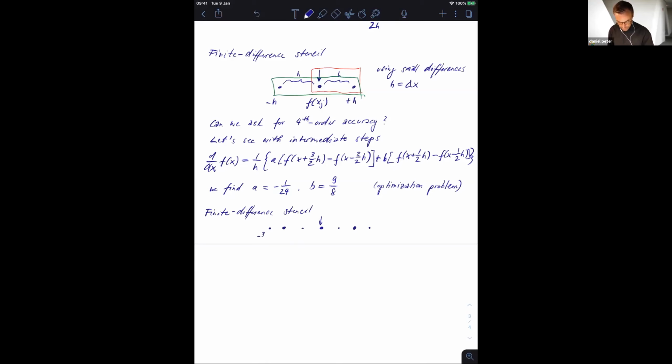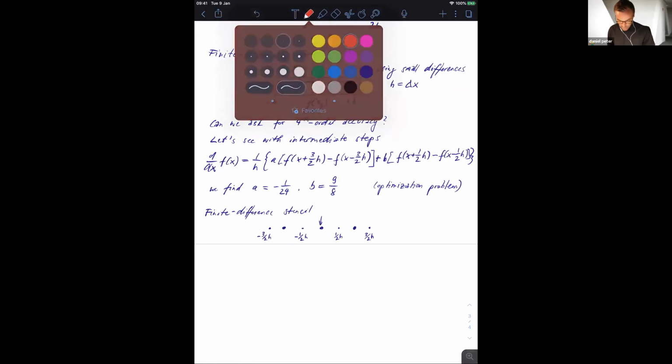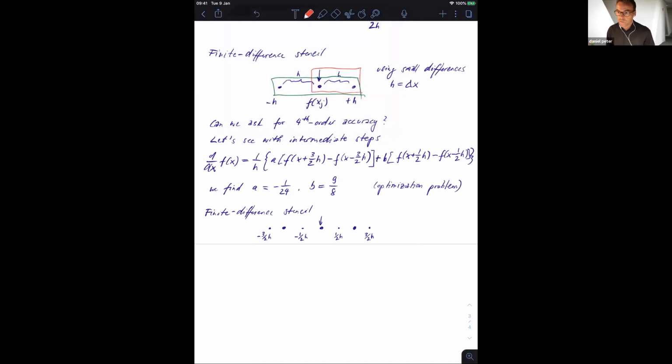So it's -3/2 of h, -1/2 of h, etc. And so you see for the fourth order scheme, we need these 4 different neighbor points to evaluate the derivative at xj.